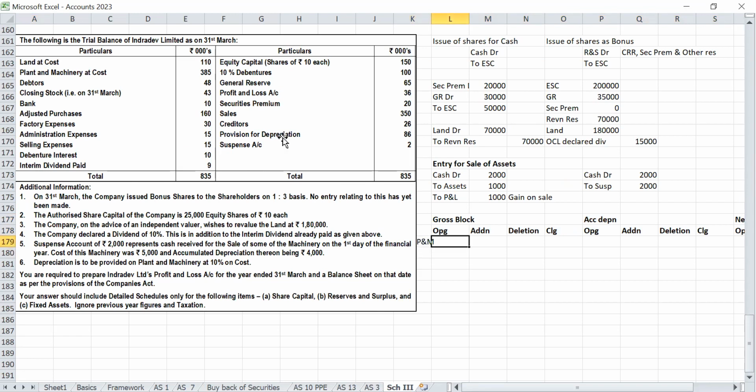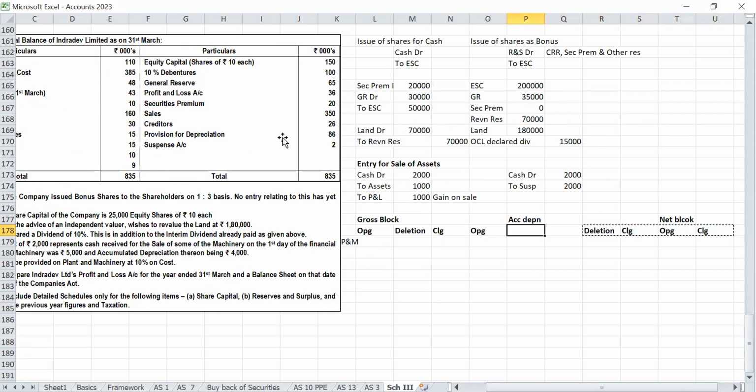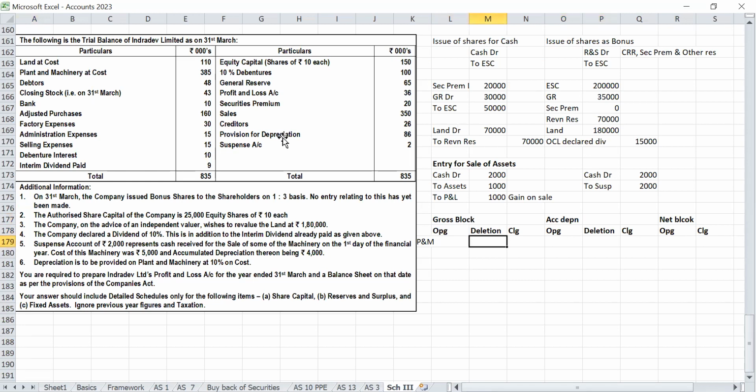Plant and machinery opening gross block how much? 385. There is no addition here, only deletion is there. There is no information about addition. So gross block plant and machinery at cost 3,85,000.